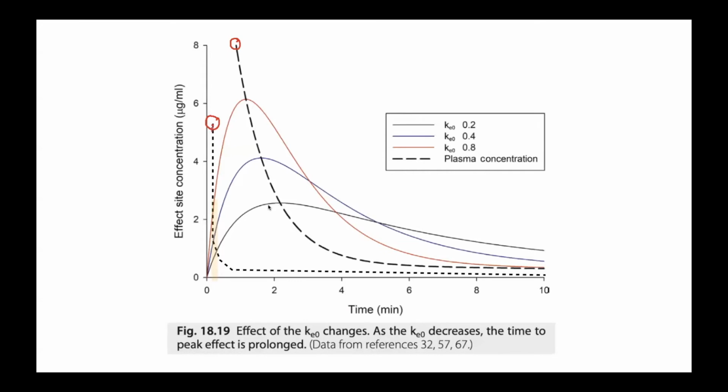And as you can see, the exponential decay function is a lot more rapid. Okay. And you can see for the different KOs, so where they meet up with the plasma, so here, here, and here, you can see that they all pretty much have a time to peak effect of around this area here. Okay, so this is your time to peak effect.